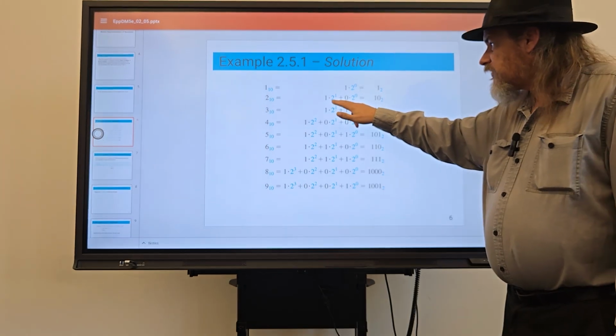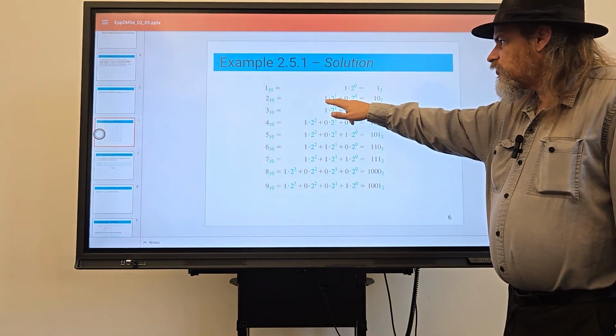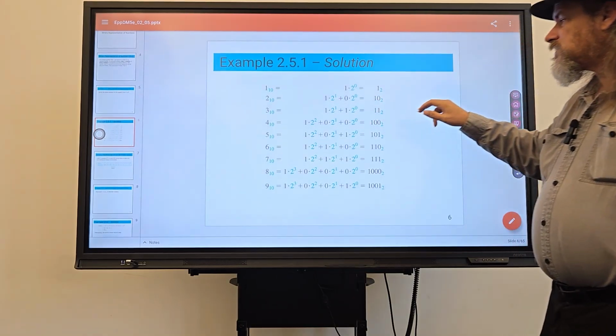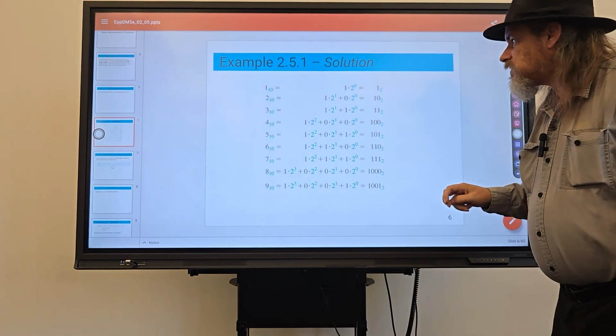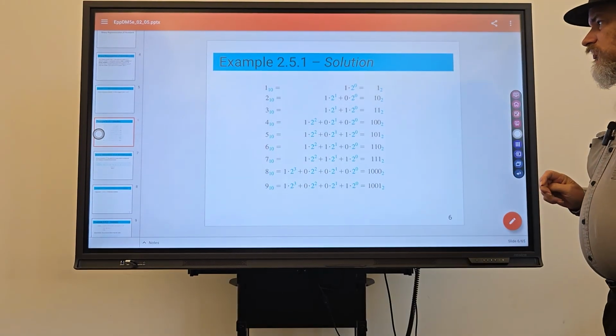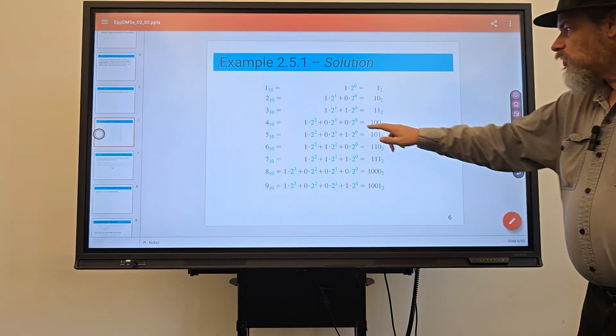The next column has the value of 2 to the 1st power, or 2. So that's your 2's position. So 1 plus 0 in the 1's position is 1, 0 for 2. 1, 1 for 3.